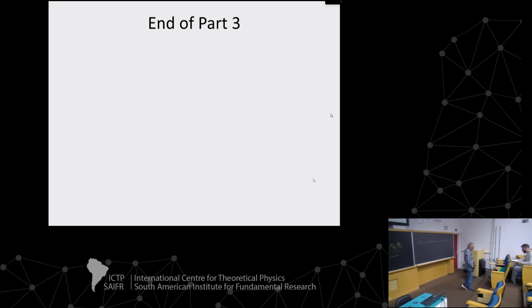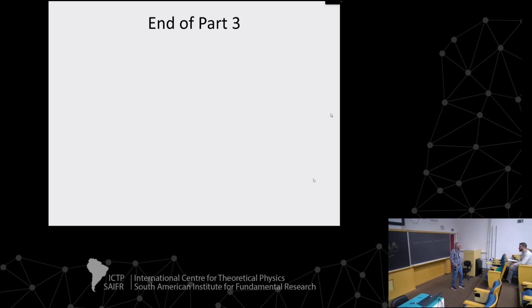With respect to B factors and vibration, is there some direct relation with flexibility? And also with the resolution map of cryo-EM? Yeah, well, the B factors have to do with flexibility.